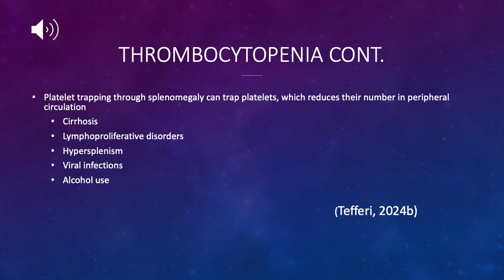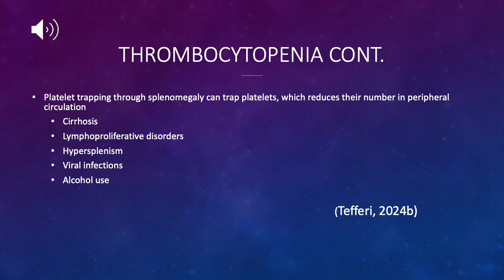The third and kind of final primary cause for thrombocytopenia would be the trapping of platelets. As we discussed a little bit earlier, the spleen can remove platelets from peripheral circulation to help buffer the system, releasing them when they're needed, or pulling them out of the system when there are too many.